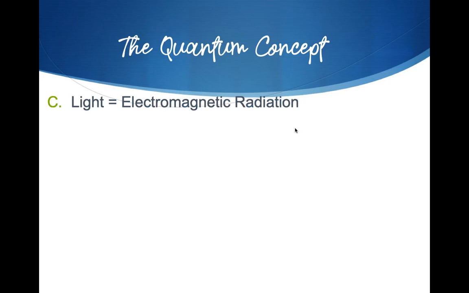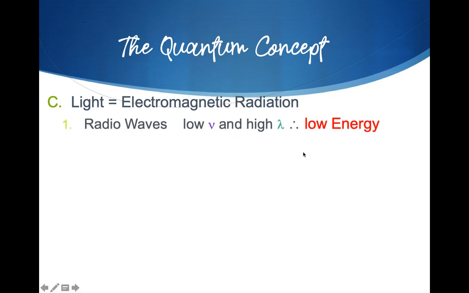All right, so the last piece I just want to connect with it is the quantum concept, which is electromagnetic radiation. How does that fit into frequency and energy and wavelength? So a radio wave, like we just calculated, is low energy. And that's because the wavelength is really long, a really stretched out wavelength, and the frequency is really low. It doesn't repeat itself very much.